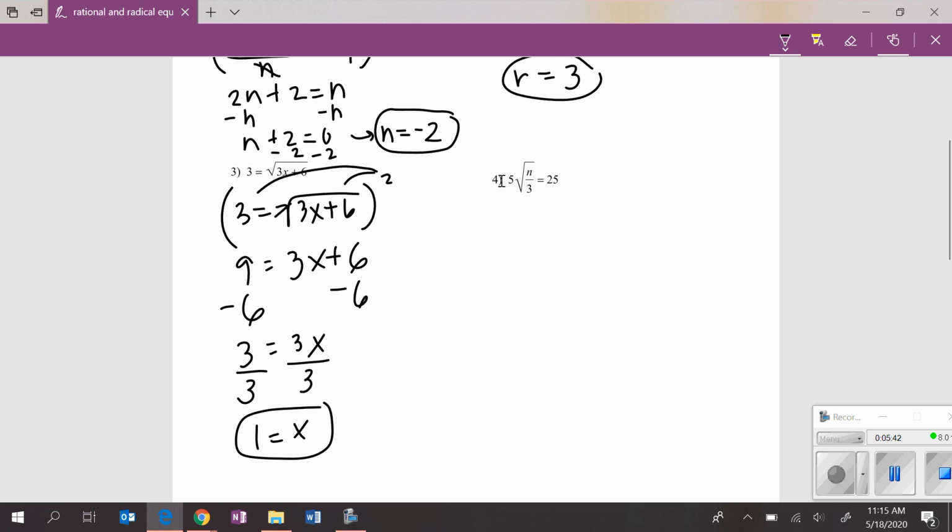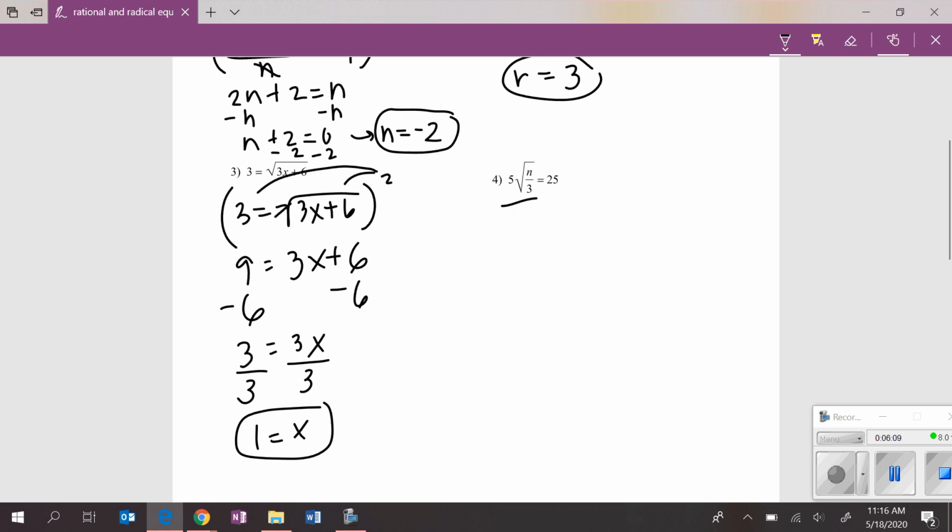All right. Last one, I've got 5 times the square root of n over 3 equals 25. Now I've got a multiplication here, so I'm going to start with dividing by my 5 instead of starting with my exponent, because if I started with my exponent, I would also have to square 25, which would give me a very large number.